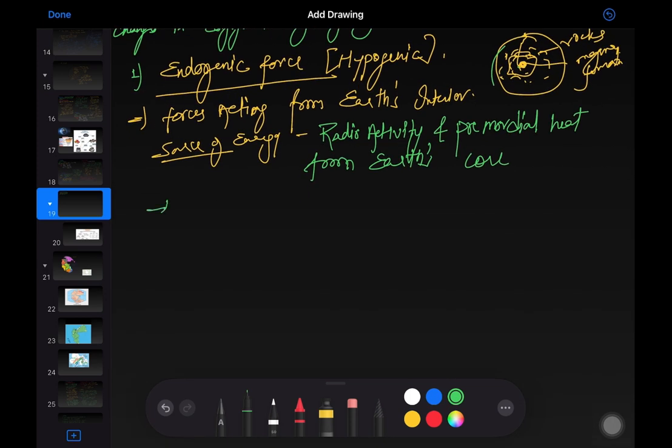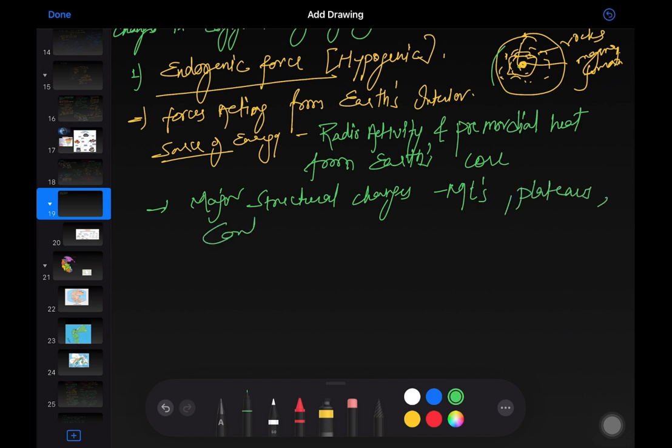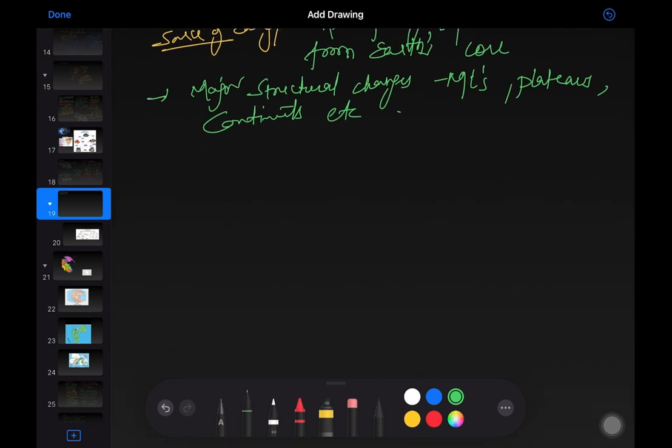This endogenic process creates major structural changes like building mountains, plateaus, continents, etc. These all are the result of the endogenic processes.